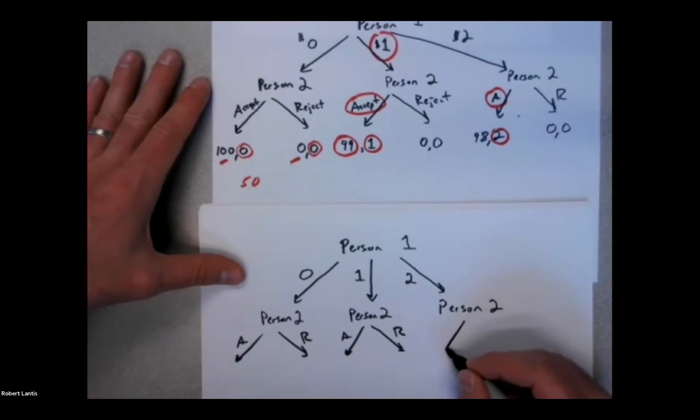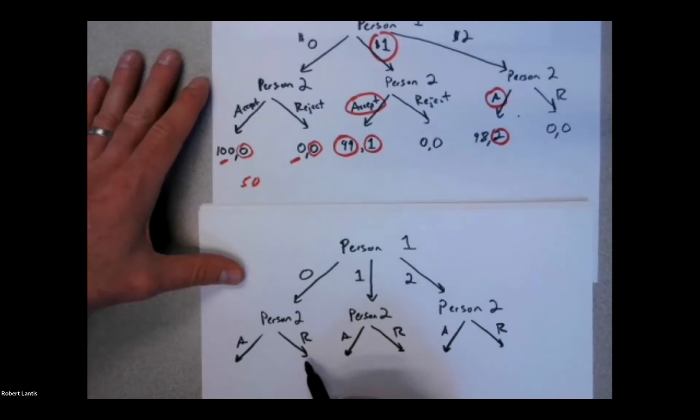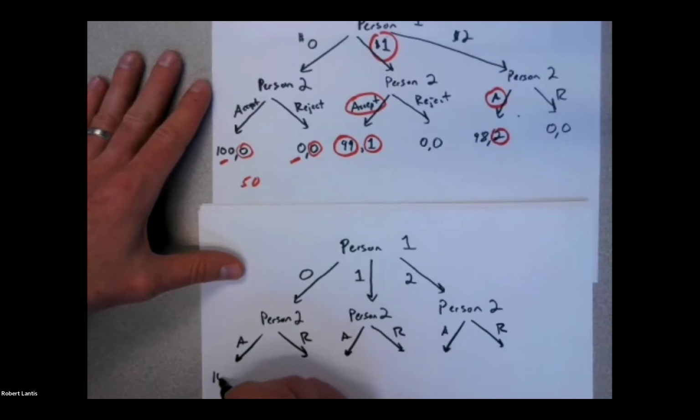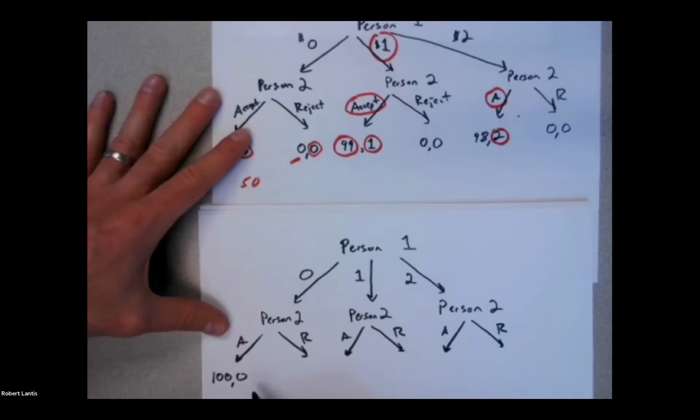Because it's not that if I reject the offer, I get nothing. If I reject the offer here, maybe it brings me joy because I know this person was so greedy that if they offered me 0 and I accepted it, they get to keep 100 and I got nothing. That makes me so mad that if I reject that offer, they get nothing. That actually is going to bring me some joy.